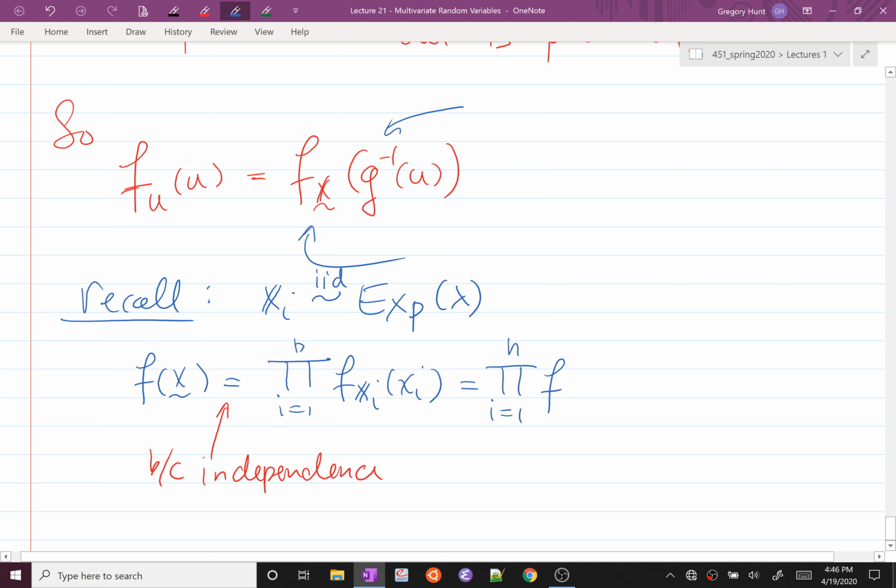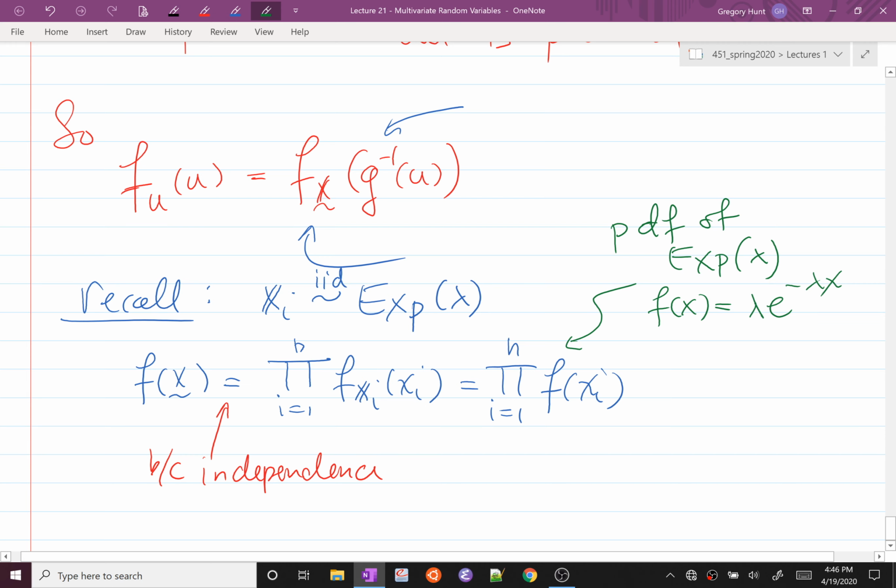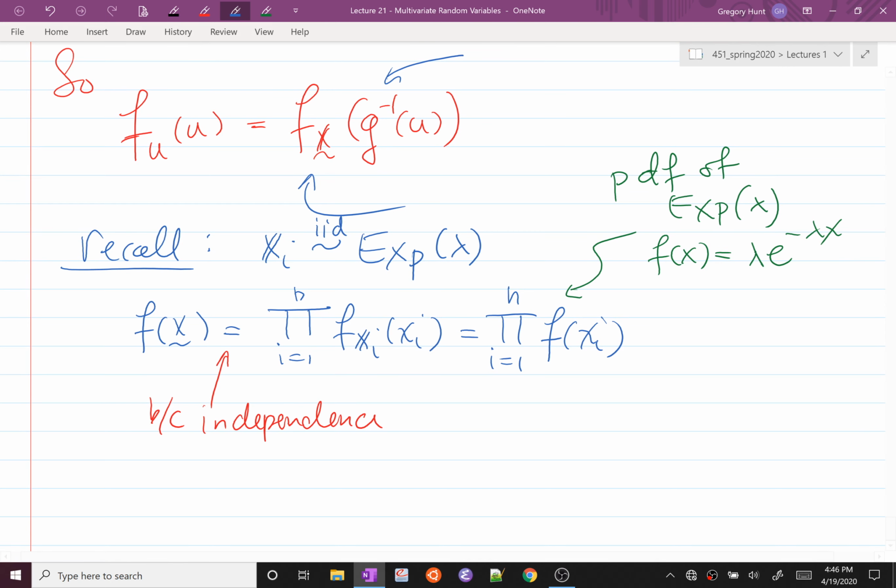Let's just write f of x sub i. And this f here is the PDF of an exponential lambda. That is, f of x here is lambda e to the negative lambda x, as long as the x's are positive. And so this is lambda e to the negative lambda x sub i when we plug it in.